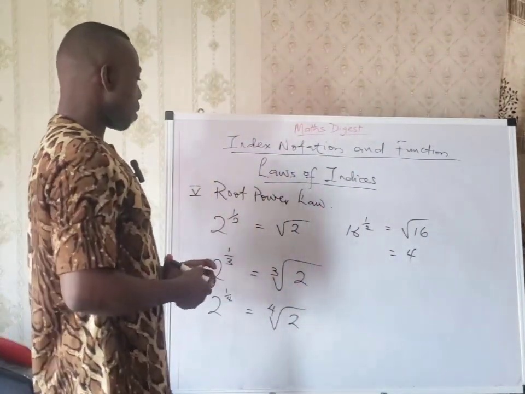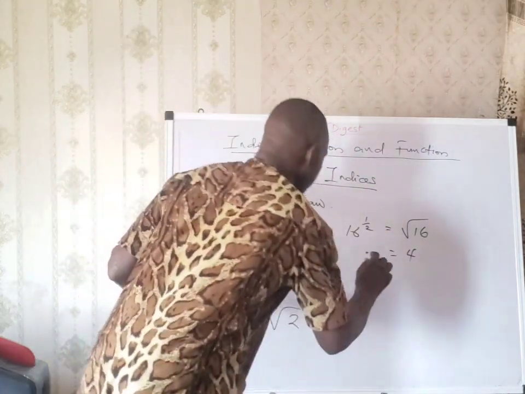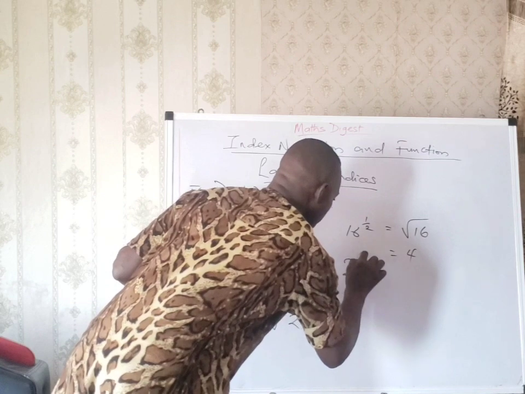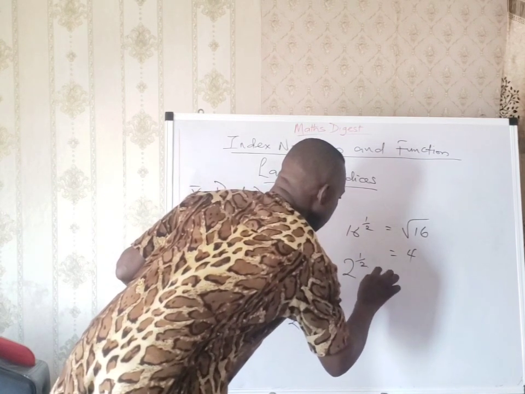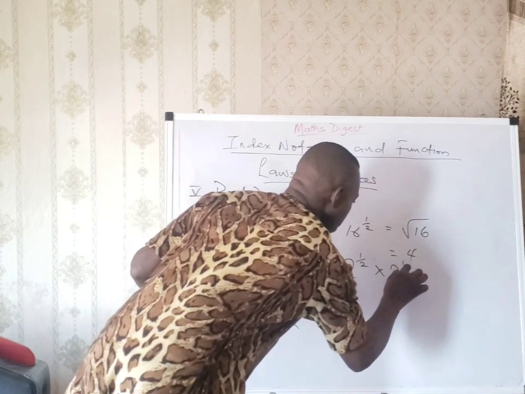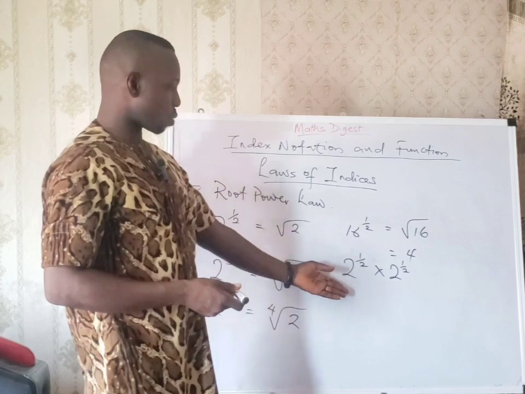Now, whereby you have as a power law we denote, if you have probably 2 raised to power 1/2 times 2 raised to power 1/2. Remember our first law, the product law.